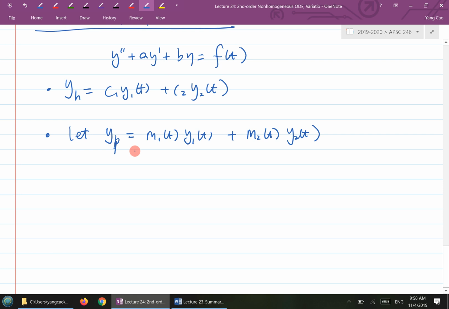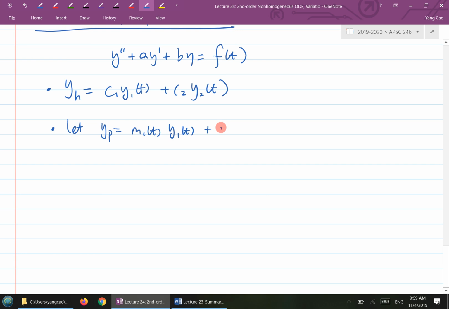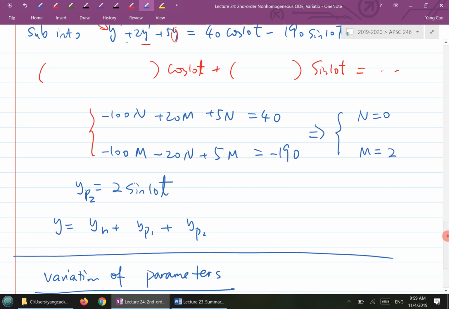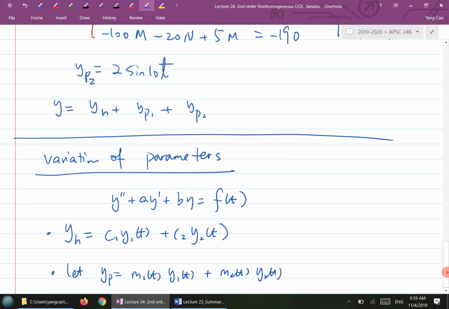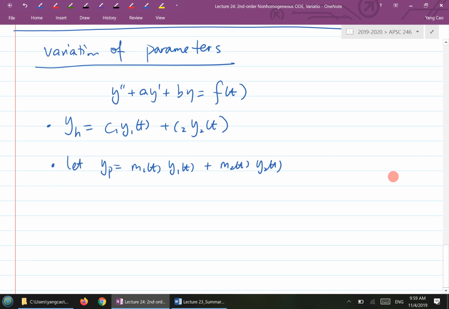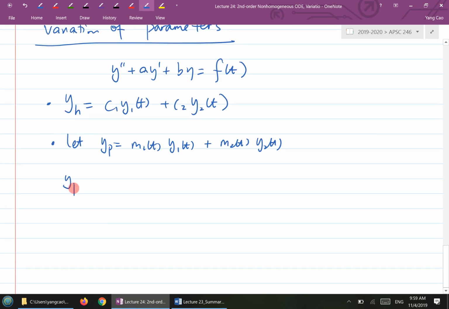If we let yp be this, we can calculate yp prime. There's basically a lot of product rule, since there are two times function here.